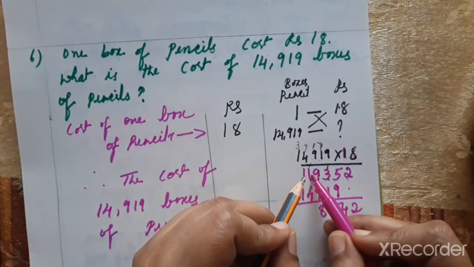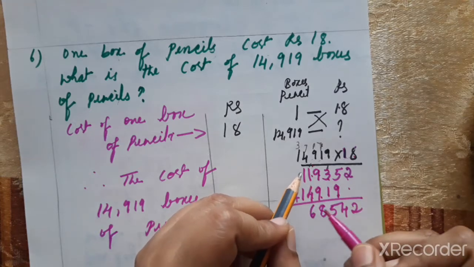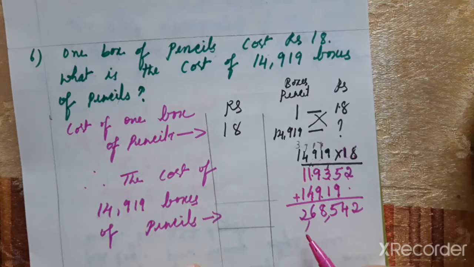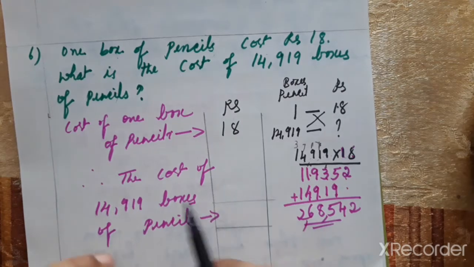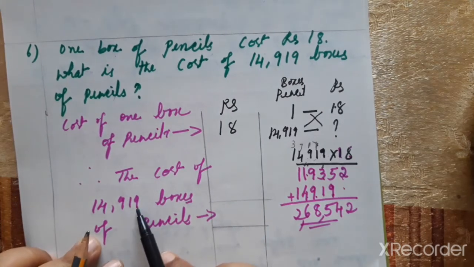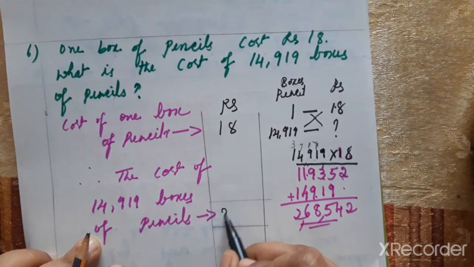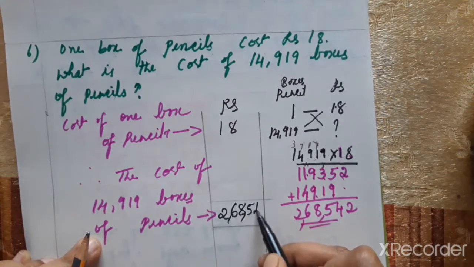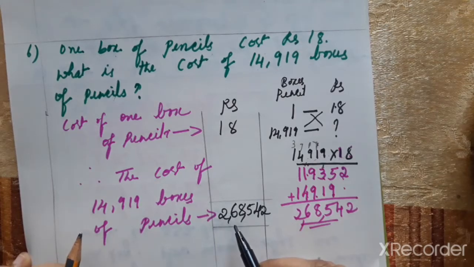So 4 plus 1 is 5, plus 1 is 6. Now 1 plus 1 is 2. Answer is 2,68,542. Therefore, the cost of 14,919 boxes of pencils is 2,68,542. This is the answer.